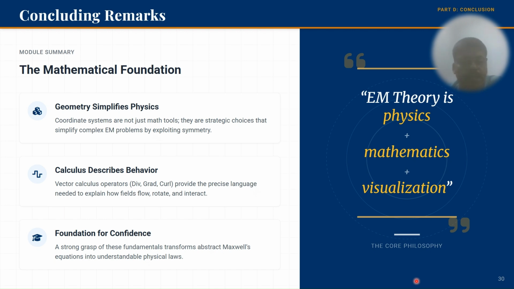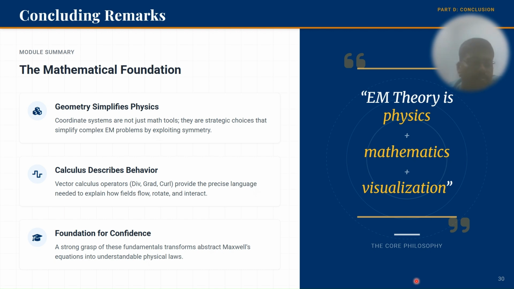This prerequisite is very important for understanding electromagnetic theory for undergraduate students. I hope this will help you come out from the fear that EM theory is very complex. No, not at all. If you know mathematics, it will be very easy for you.